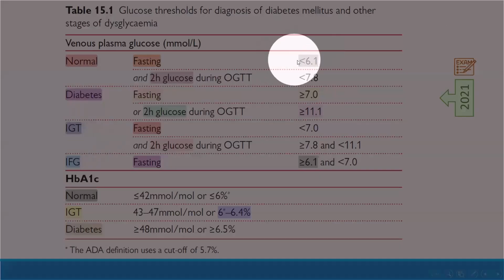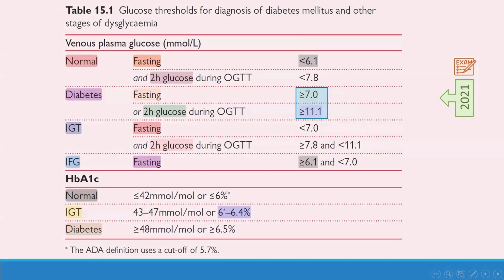Another difference, so this is the one difference between NICE, WHO and the American. Another one is related to the normal hemoglobin A1C. NICE recommends that normal hemoglobin A1C is less than 6%, or less than 42. In diabetic it is more than 48 millimole, or more than 6.5%. In between is impaired glucose tolerance or pre-diabetic.